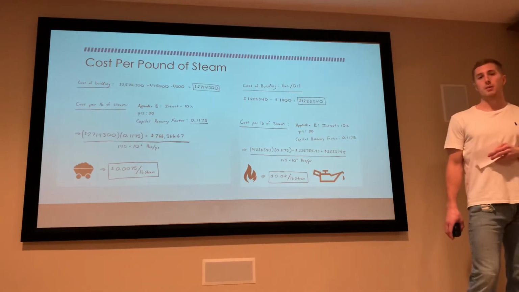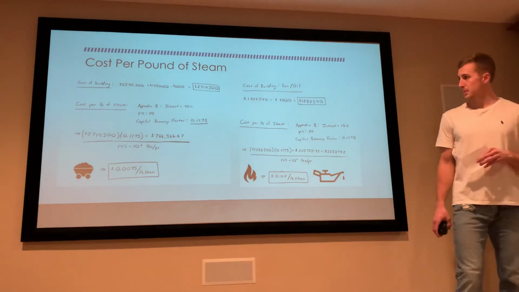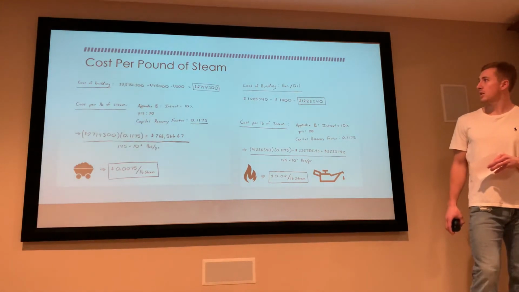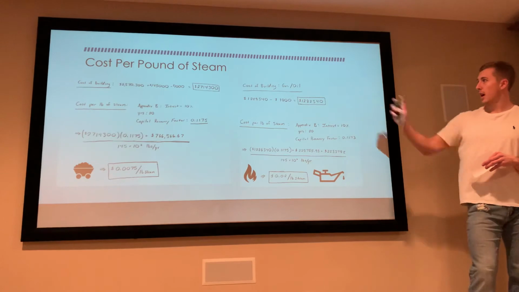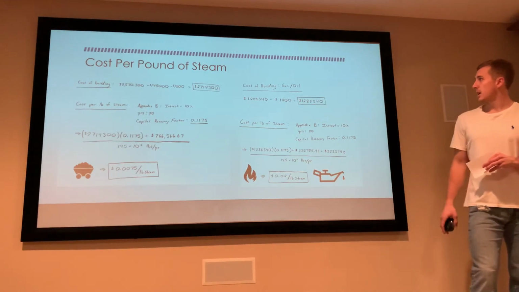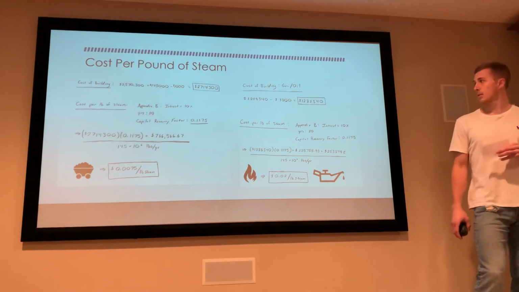And we get the value of coal per pound of steam to be $0.0075. And then we look at the cost to build the gas and oil operation, and we subtract the salvage value from that and get about $1.2 million.